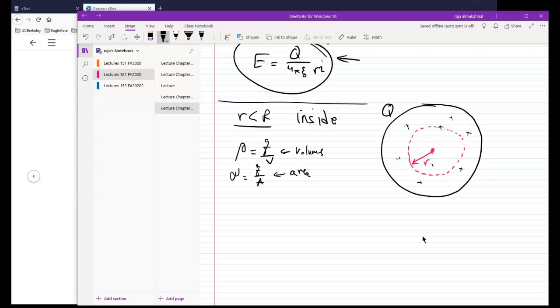And then we have a linear charge density, lambda, and that's equal to Q over the length. Remember that? Okay. Those are going to come in really handy. Let me show you how. Let me write them in terms of Q. So it becomes Q is equal to rho V, and I'm talking specifically about the volume, because this problem right here deals with volume. So I'm going to talk about this one.